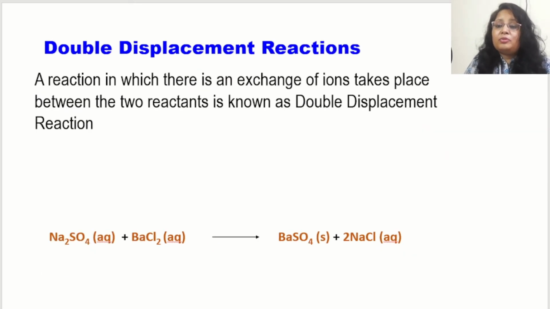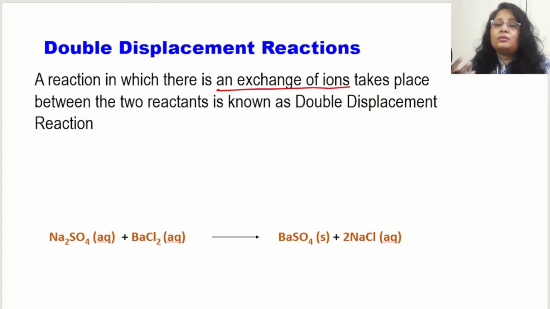Let's come to double displacement reaction. A reaction in which there is an exchange of ions between two reactants is known as double displacement. So what is happening here? Displacement is going on, but not one time, it is two times.